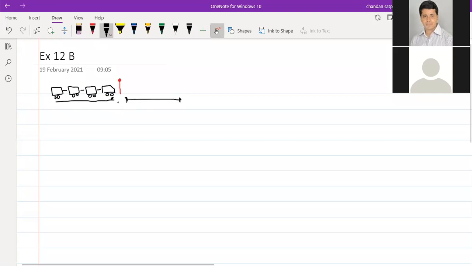So what will be the distance traveled? Remember that distance covered to cross a pole will be equal to the length of the train. Understood? To cross a particular pole, how much distance does the train have to cover?